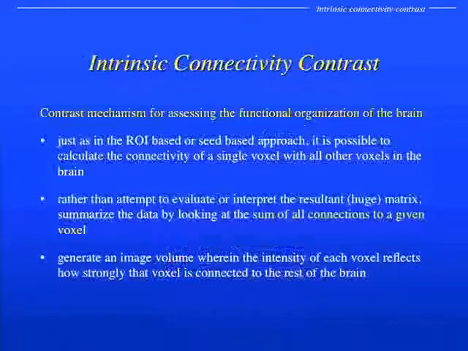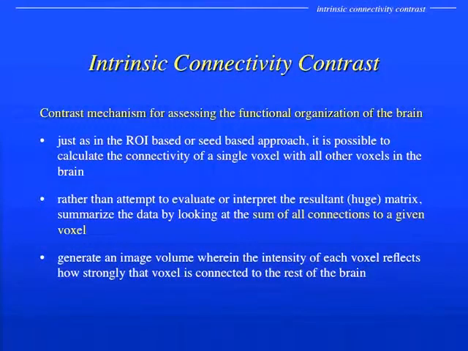So the contrast mechanism, this is potentially a novel clinical contrast mechanism for looking at the functional organization of the brain. So now, just as in the ROI-based or seed-based approach, you can calculate the connectivity between a single voxel and all the other voxels in the brain.